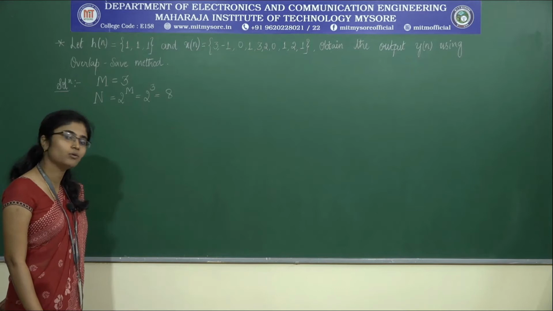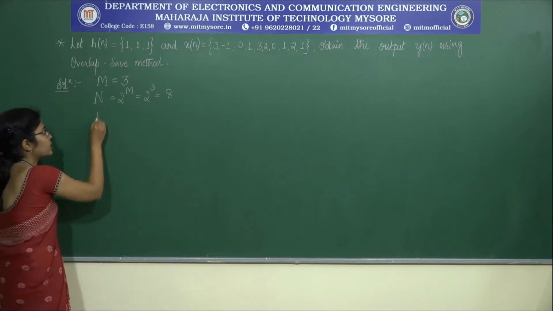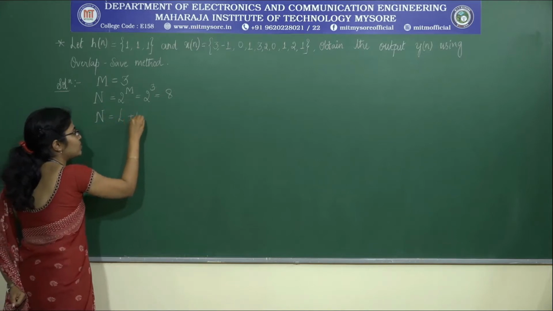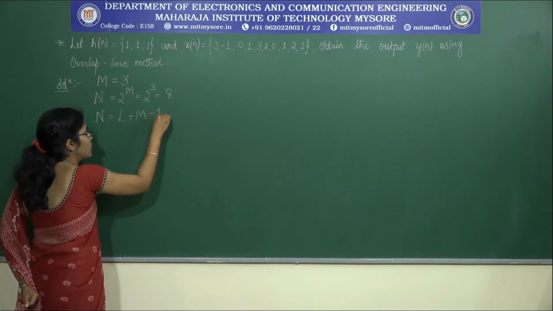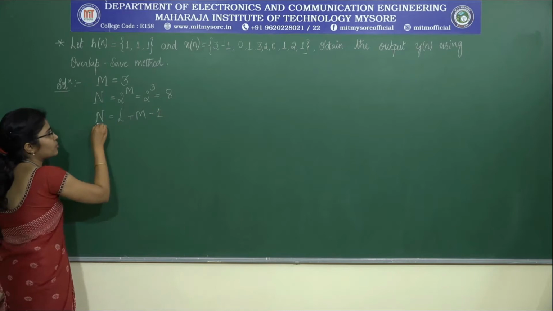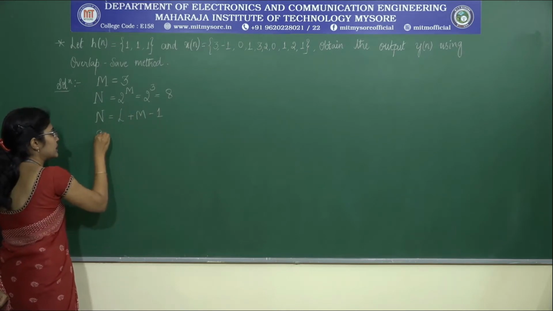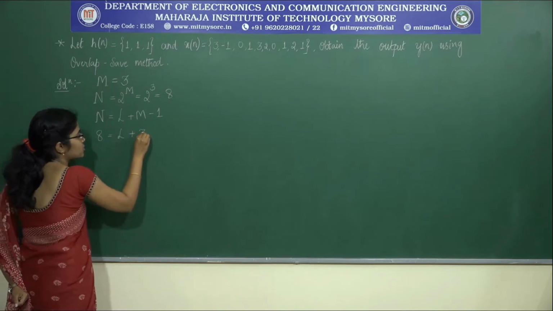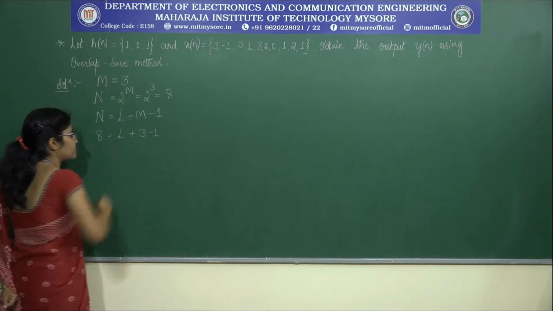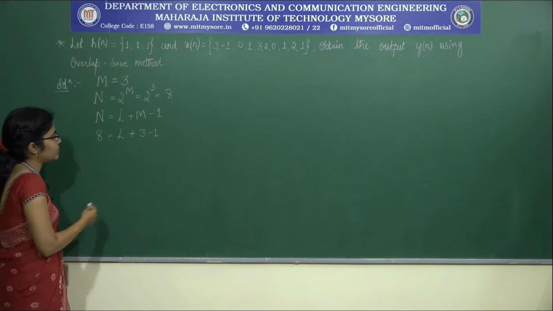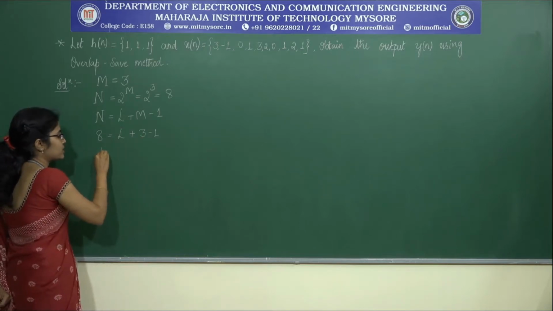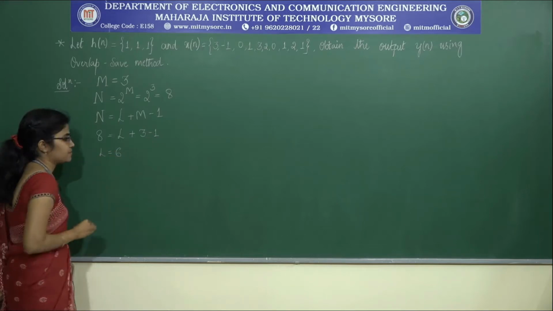Now I need to find L. I can find L with the help of the formula N is equal to L plus M minus 1. The value of N is 8, which is equal to L plus the value of M, 3, minus 1. If I simplify this, 3 minus 1 is 2. If I move 2 to this side, it becomes 6. So the value of L is 6.